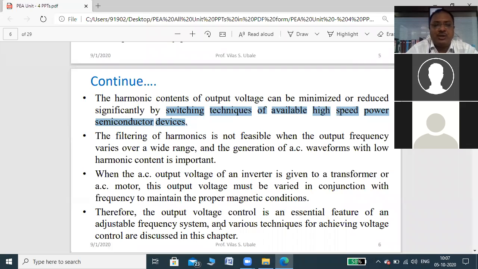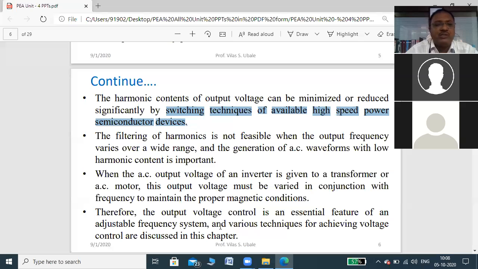So that we can use. Filtering of harmonics is not feasible in every case. Some kinds of filters can be used, but to remove the harmonic components, a filter circuit is not suitable all the time.